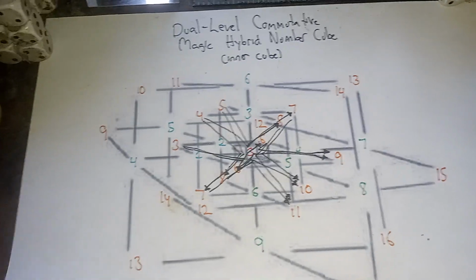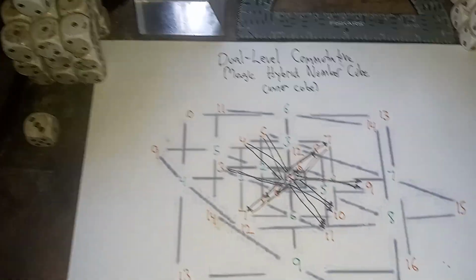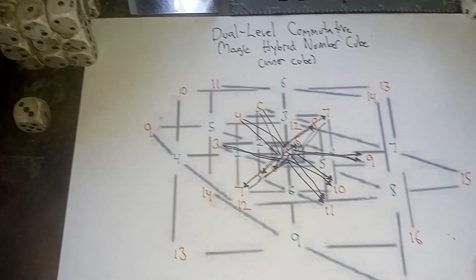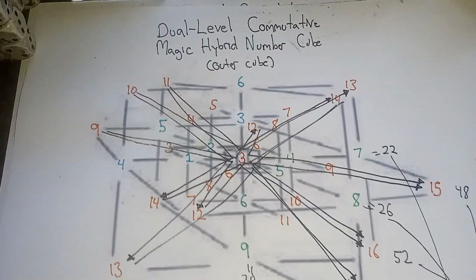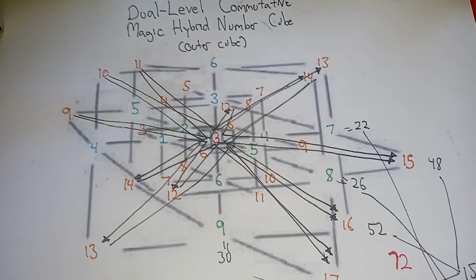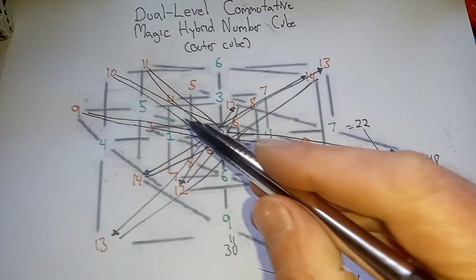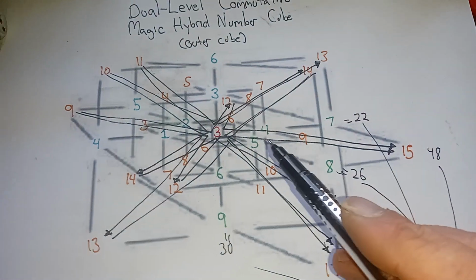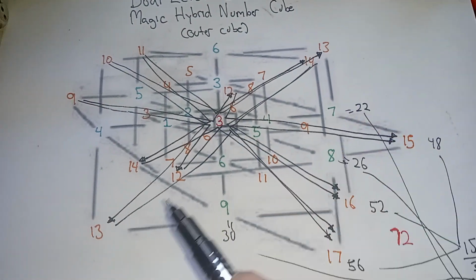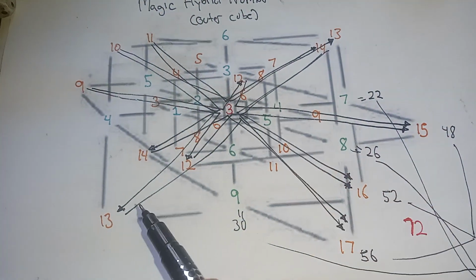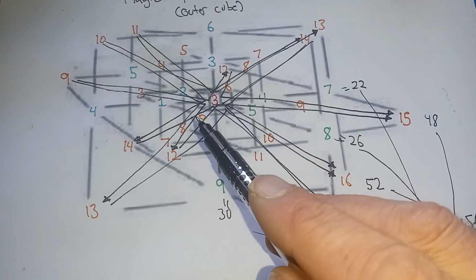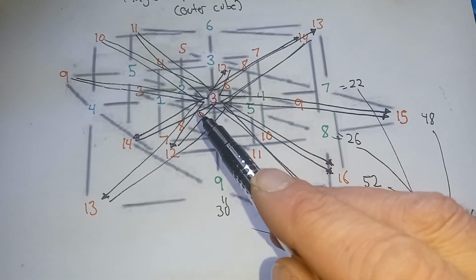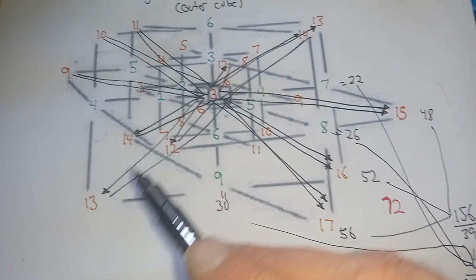But right here, this dual level, the outer cube also does the same thing. 10 plus 3 is 13, and they're split because that forms this spectrum right here with 3 in the middle, 6, 8, 7, and 13.